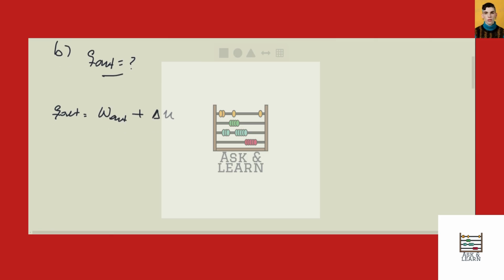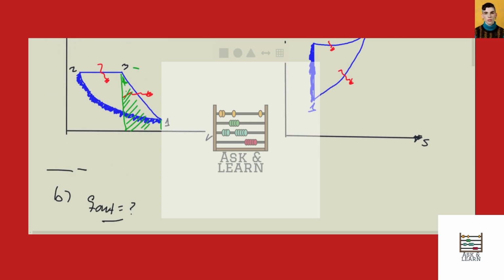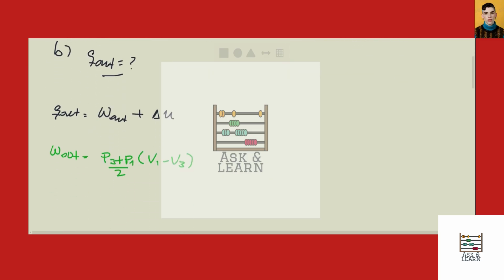And if we calculate this, the output work is just, sorry, P3 plus P1 divided by 2 that multiplies the volume, which is V1 minus V3, which is precisely what we have in here. Okay, it's the pressure 1, pressure 3 divided by 2, the area of the trapezoid.